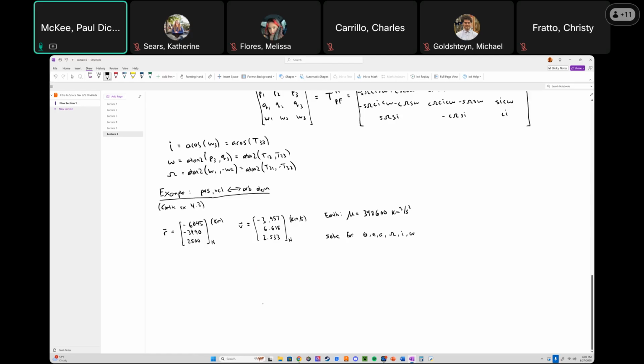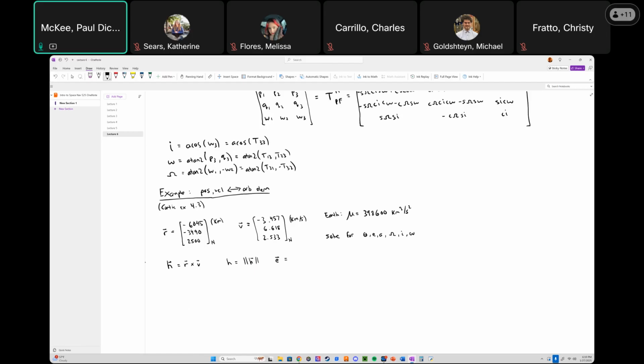All right, so here's how I would recommend starting. H, specific angular momentum vector, is R cross V. Not going to get much simpler than that. You take a cross product. After that, H, the scalar, is just H, the vector, normalized. We're going to need that.